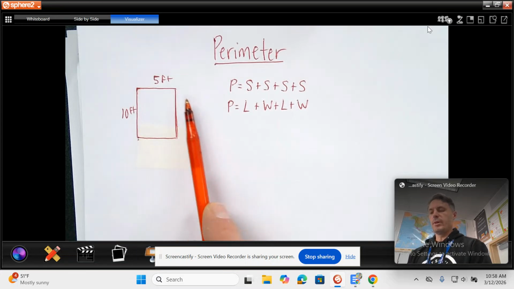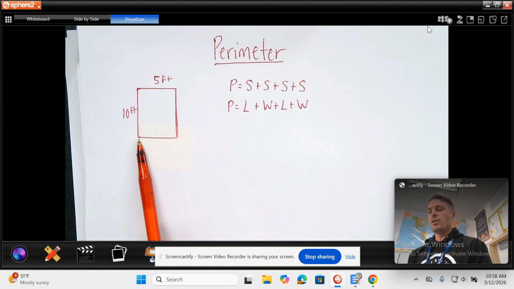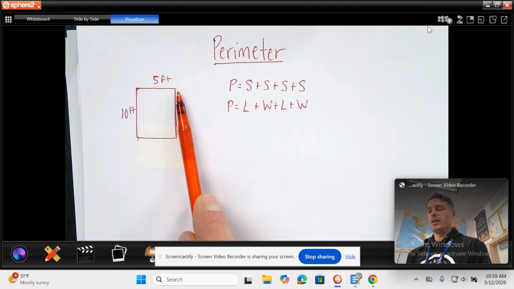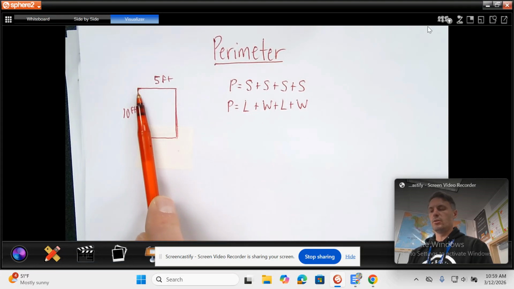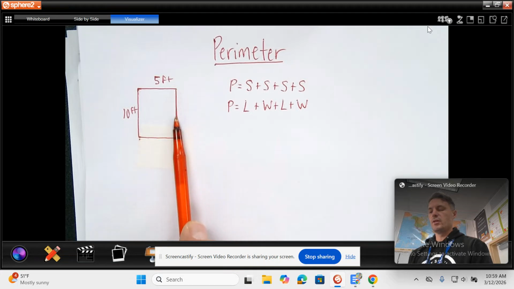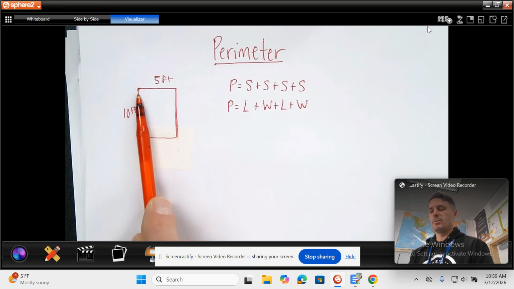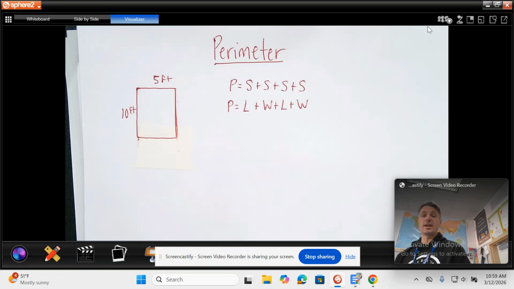And not only is it congruent, but it's also parallel. And because these two lines are congruent and parallel, this line also has to be congruent and parallel with this one too. See, this line over here has to be the same length as this line over here. So we actually have the length of all 4 sides.